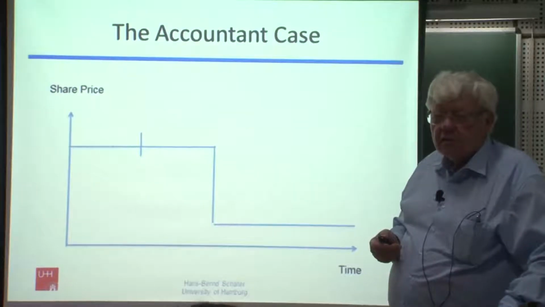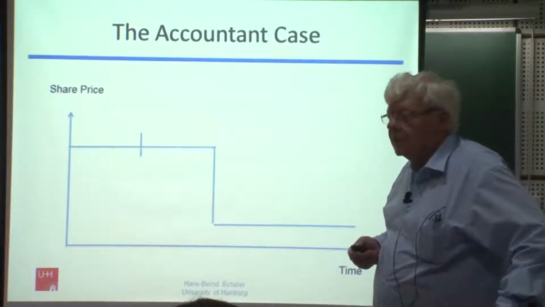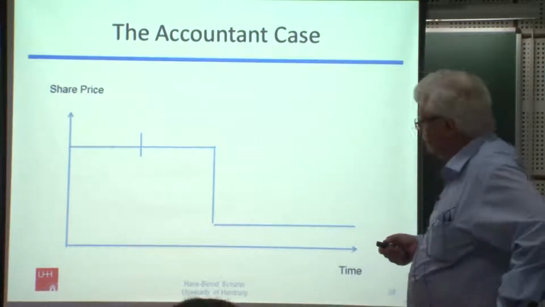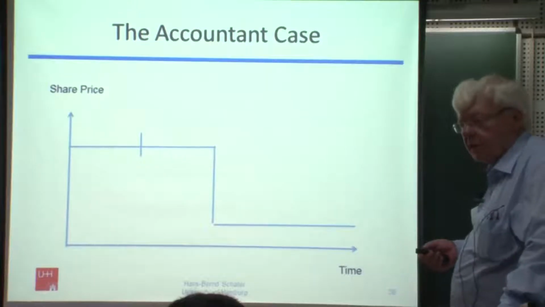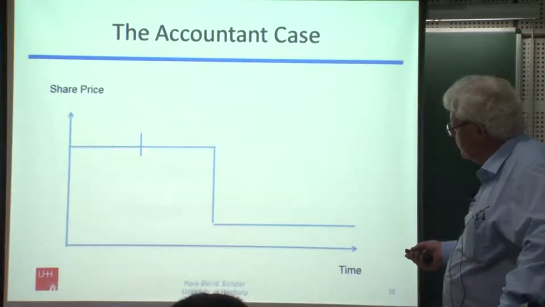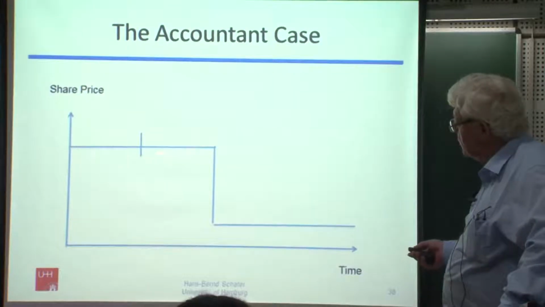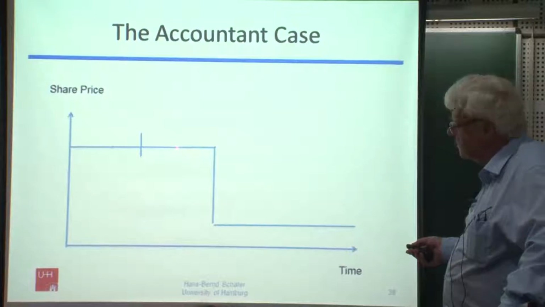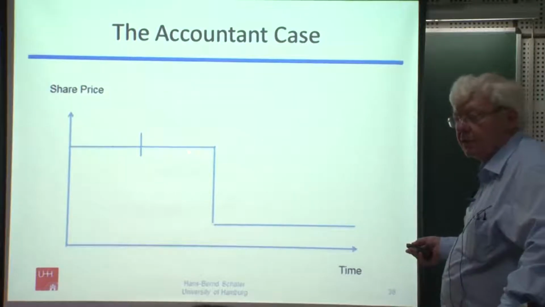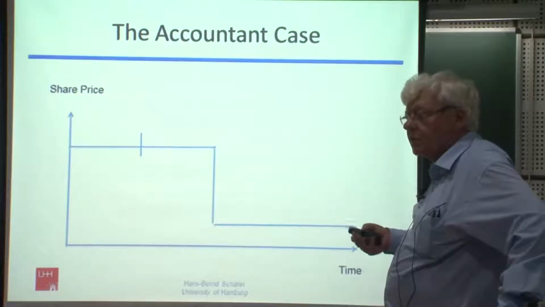No. He made a gain, because if the accountant had been not negligent, then he would make at this point of time this loss, and now he buys here, he sells here, he makes a huge gain as a consequence of the negligence of the accountant.